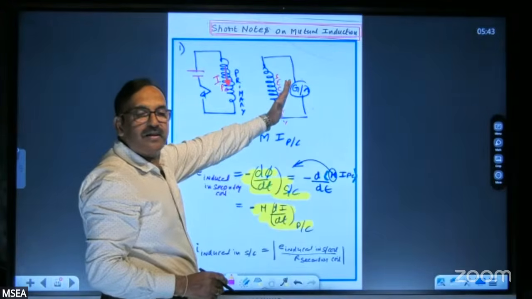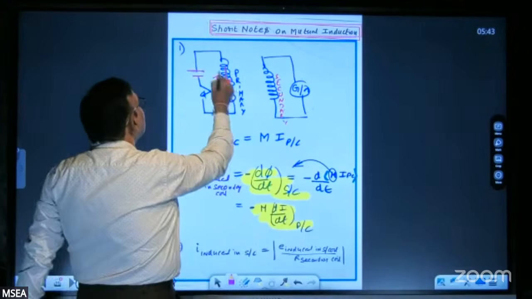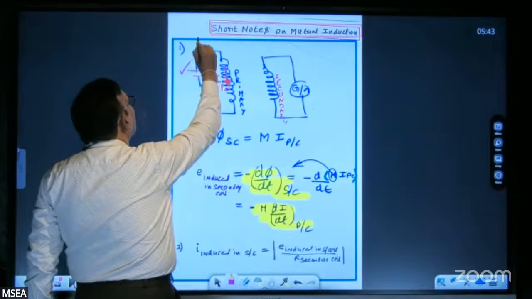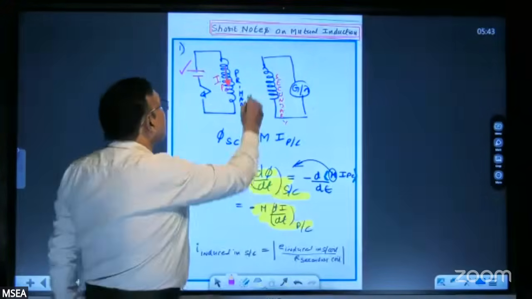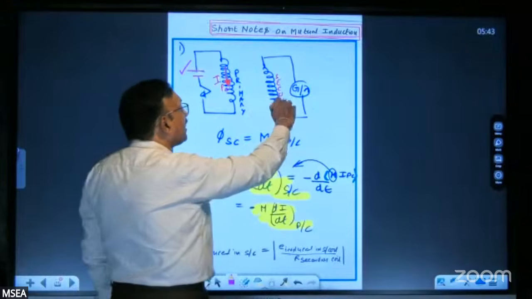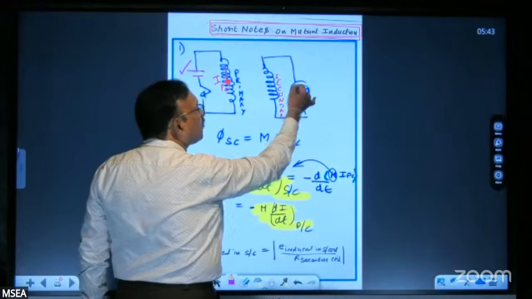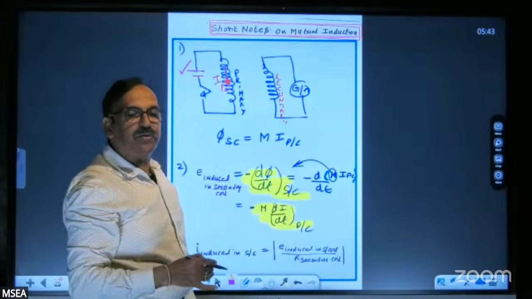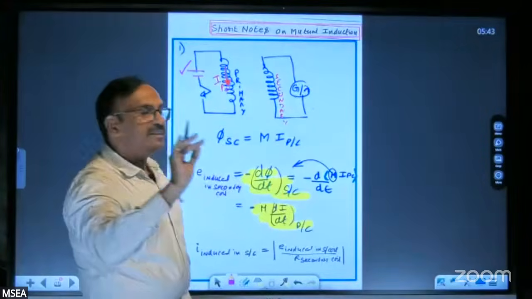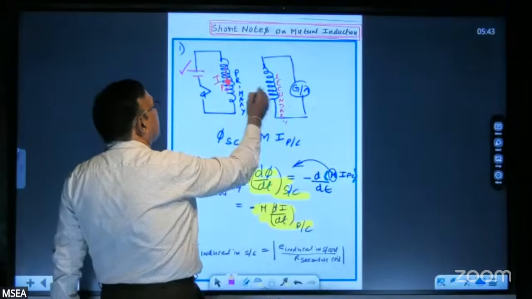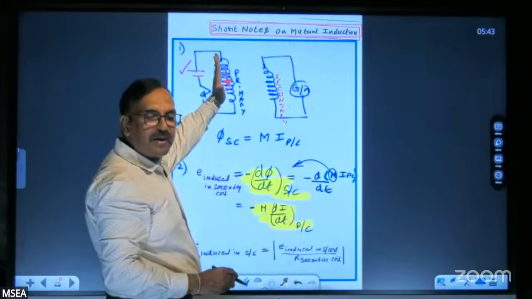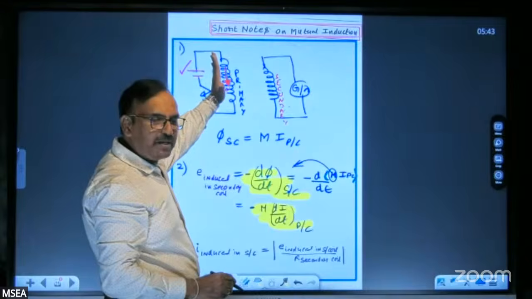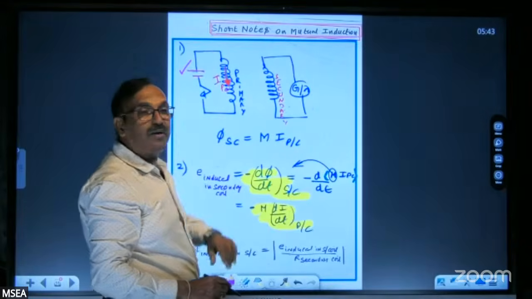The coil connected to the battery is called the primary coil. The other coil is not connected to the battery, but is connected with a galvanometer to record the current. That coil is known as the secondary coil. For the last time I repeat, the coil through which a current is supplied is the primary coil, and the next coil is the secondary coil.